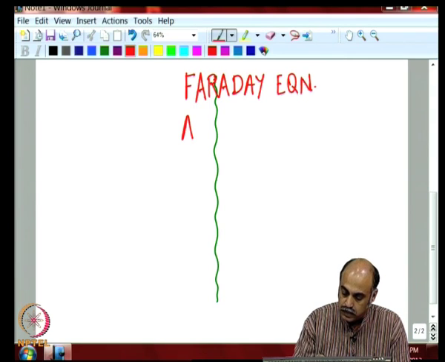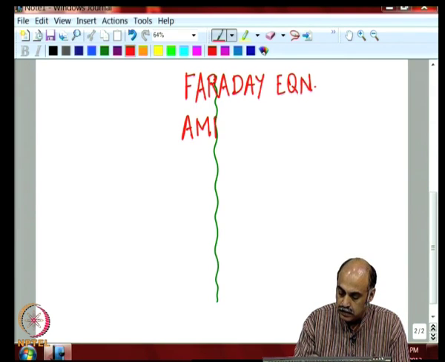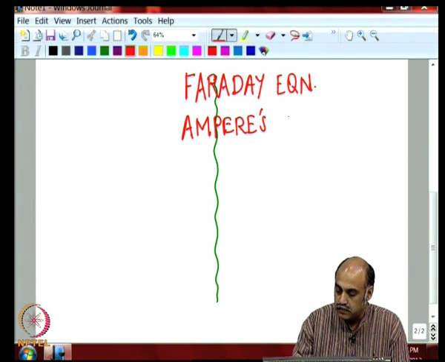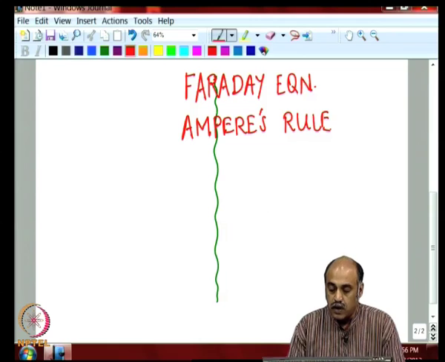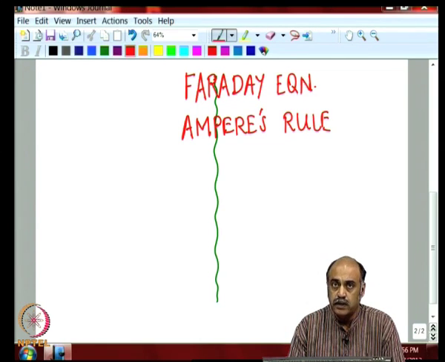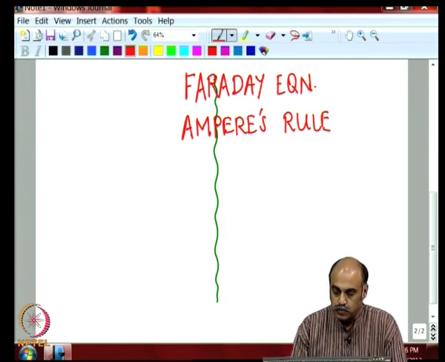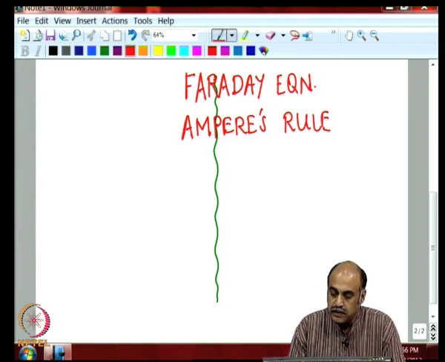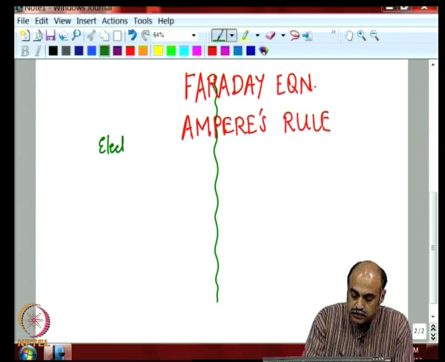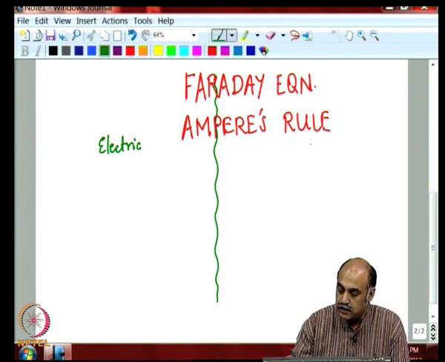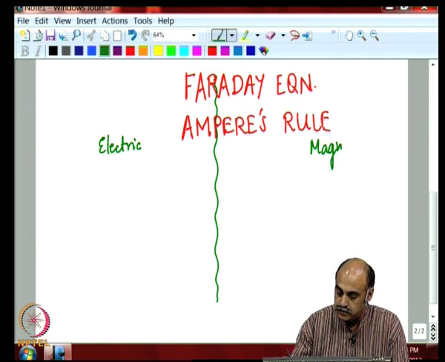You also have Ampere's rule or equation. These two important rules, principles, govern the entire interaction between the electric domain parameters and the magnetic domain parameters.